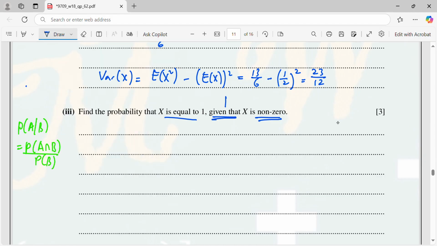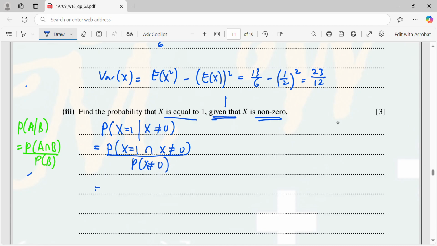This is going to be P(X equals 1 given that X is non-zero). So according to the conditional probability formula, this is P(X equals 1 intersect with X not equal to 0) over P(X not equal to 0).